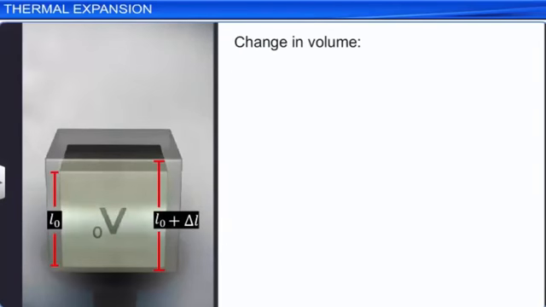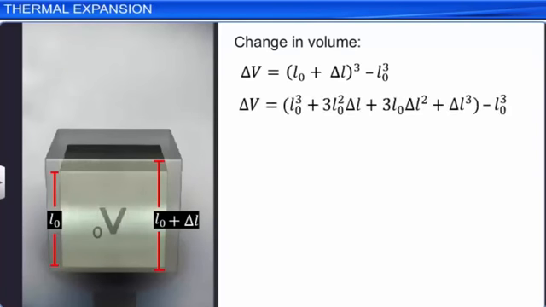Change in volume, delta V, equals (L naught plus delta L) whole cubed minus L naught cubed. This is equal to L naught cubed plus 3 L naught squared delta L plus 3 L naught delta L squared plus delta L cubed minus L naught cubed. The terms delta L squared and delta L cubed can be ignored as their values are negligible.